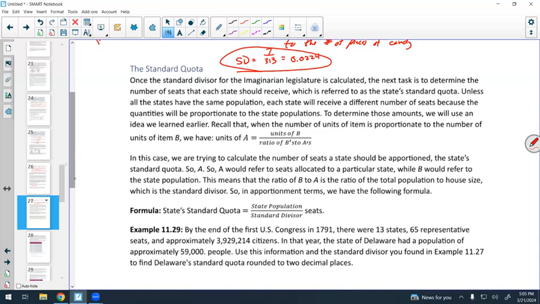So A would refer to the seats allocated to a particular state, while B would refer to the state population. That means the ratio of B to A is the ratio of the total population to house size, which is the standard divisor. So in apportionment terms, we have the following formula: state standard quota equals state population divided by standard divisor.